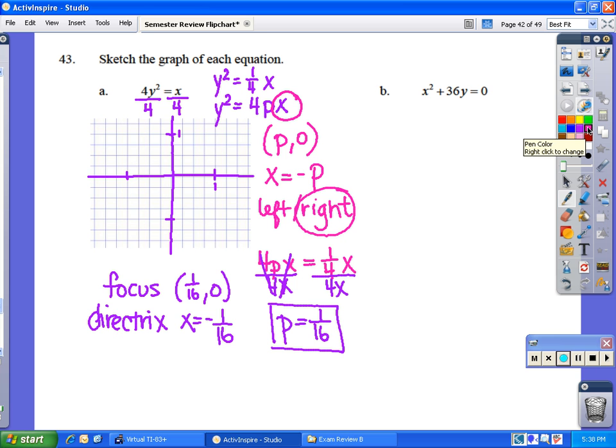At (1/16, 0) will be right here, and our directrix will be at x equals negative 1/16. I'm going to put a vertical dashed line.